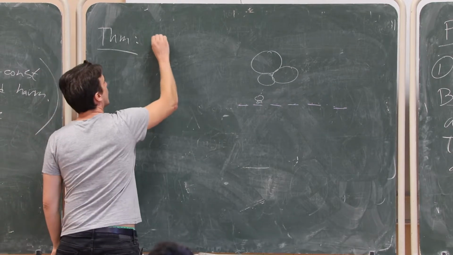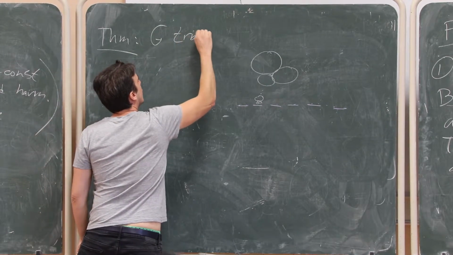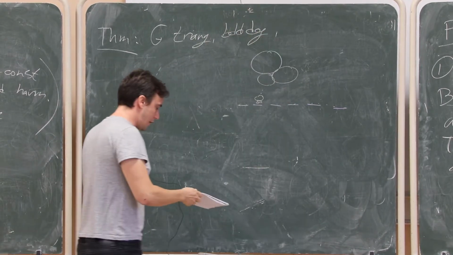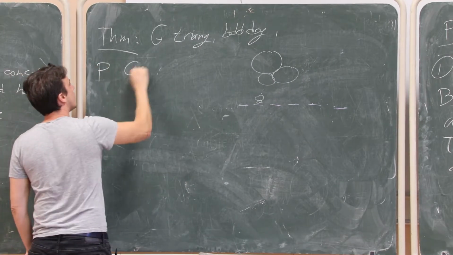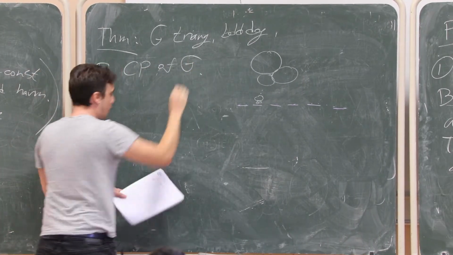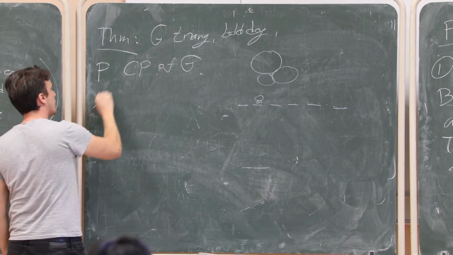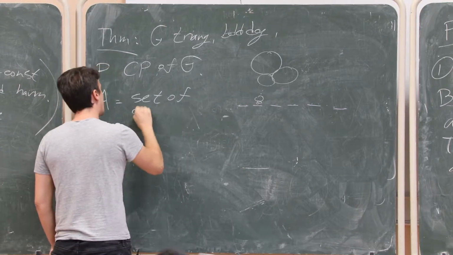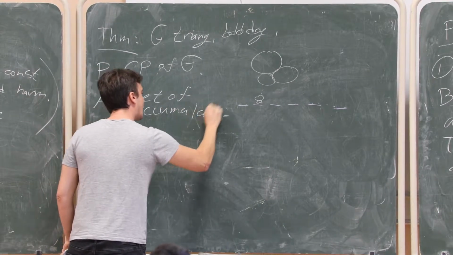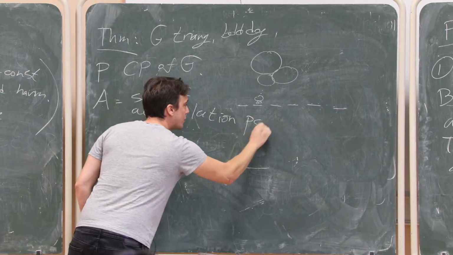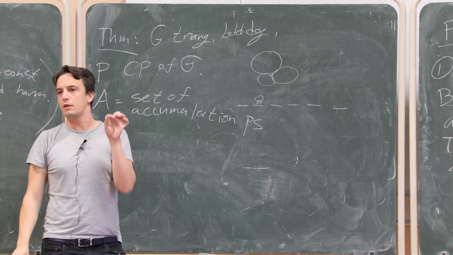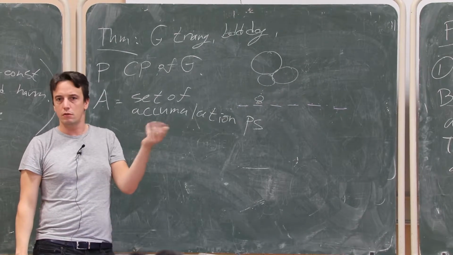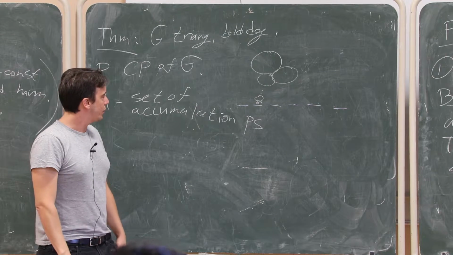If G is a triangulation, bounded degree, and P is a circle packing of G, and A is the set of its accumulation points. So an accumulation point is simply a point in the plane in which every neighborhood of it intersects infinitely many circles. So it's just what would naturally be an accumulation point.